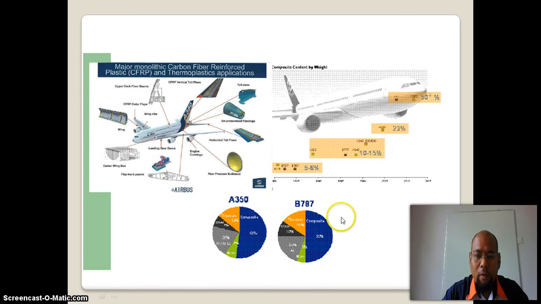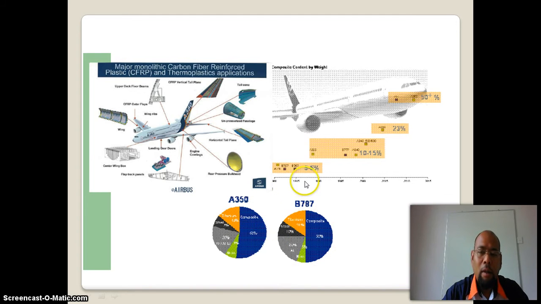And also the Boeing 787, the new generation Dreamliner, has more than 50% of its parts made from composite material.